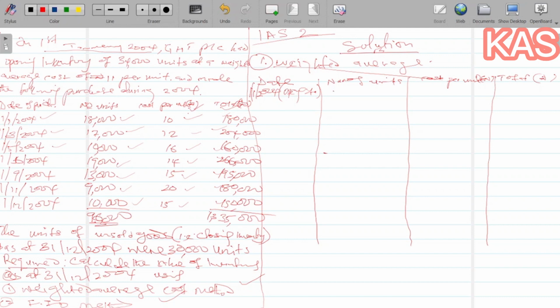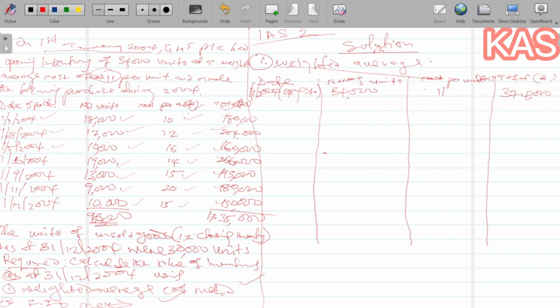We have 34,000 units at a weighted average cost of 11 naira. You see the 11 naira there? So 11 times 34,000, we have 374,000. So we are done with that.